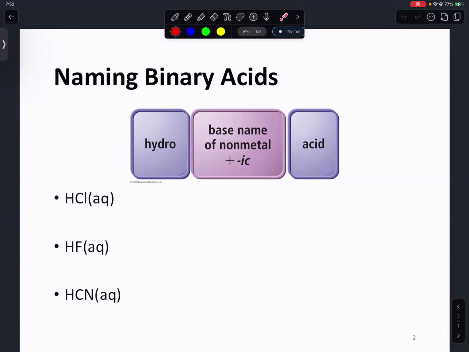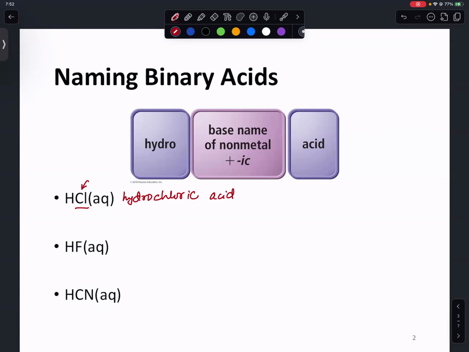So let's look at how we're going to name this. The first example here: hydro indicates that there's a hydrogen, and then we have chlor, which is for chlorine, and then ic, so hydrochloric acid.